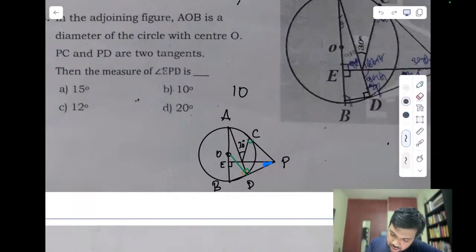Okay, so let me erase it. All right, let's let it be there. I think I can erase it now. Okay. All right. So how do you do this problem?